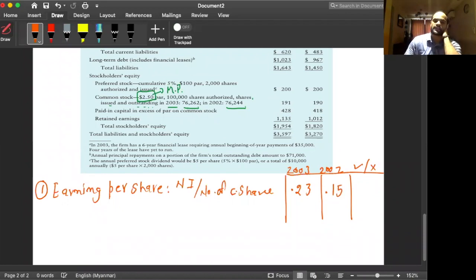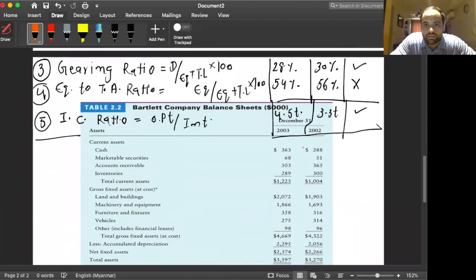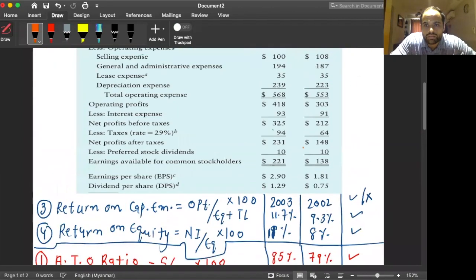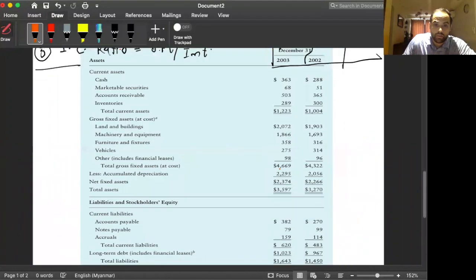Oh, no, it's wrong. You made a mistake to calculate this one. It should be 2.9 and 1.8. Now look at here, it is given in your question. Earning per share is net income, which is 221, divided by number of shares.